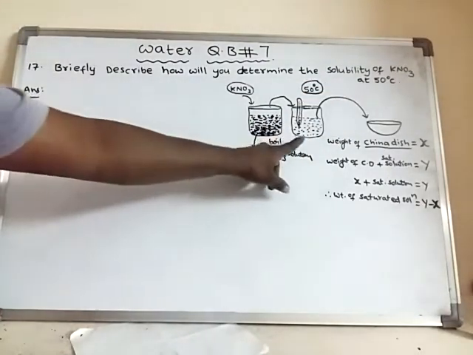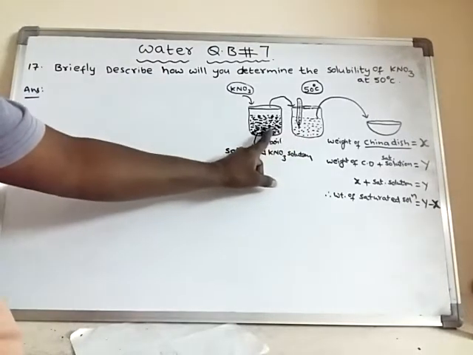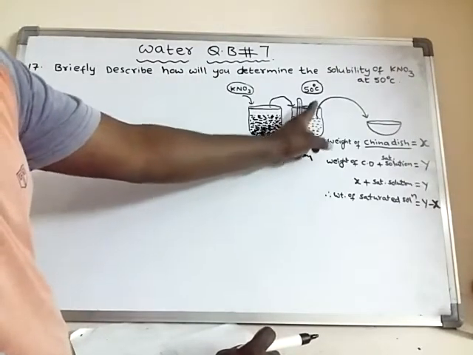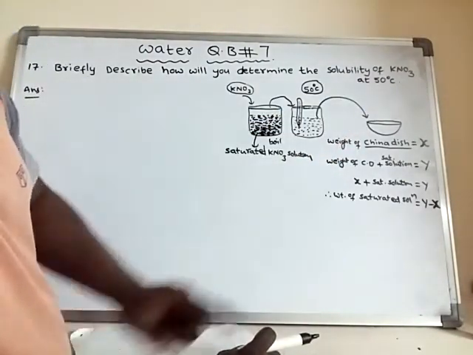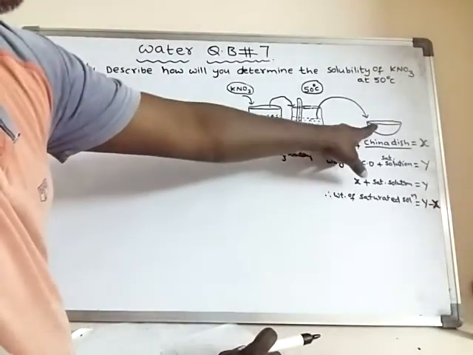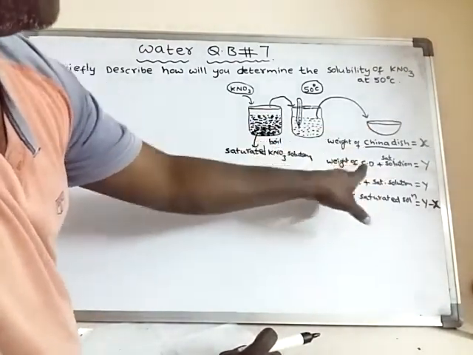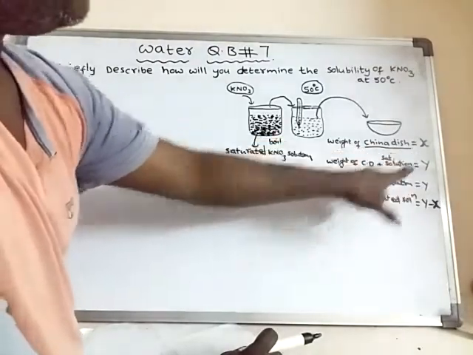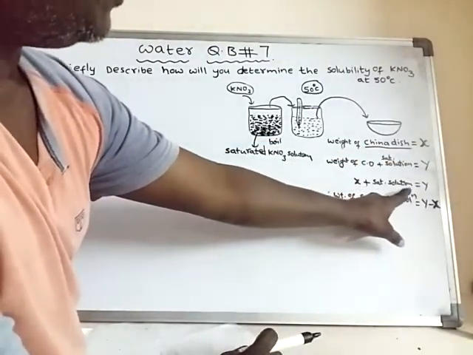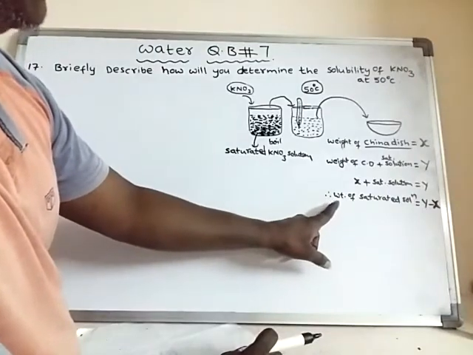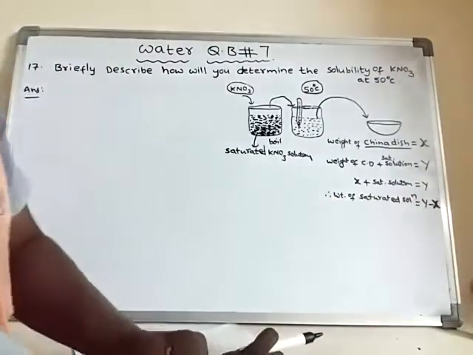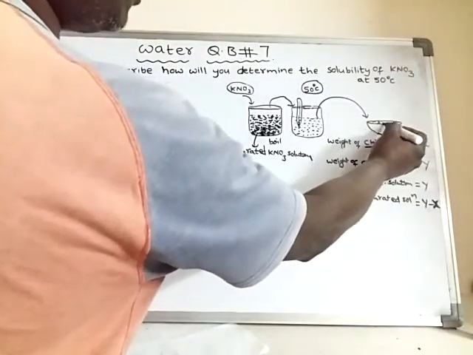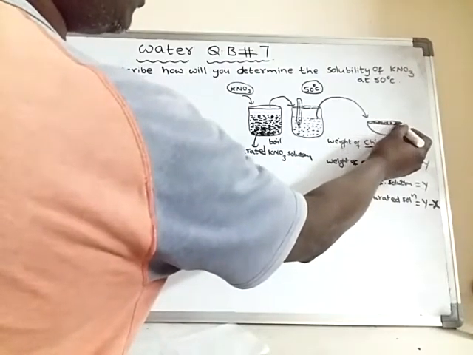Now at 50 degrees centigrade, transfer this into the empty china dish, weigh the china dish and the solution, and note it as Y. So the weight of china dish, already X, plus saturated solution weight is equal to Y. Finally we get the weight of saturated solution as Y minus X.